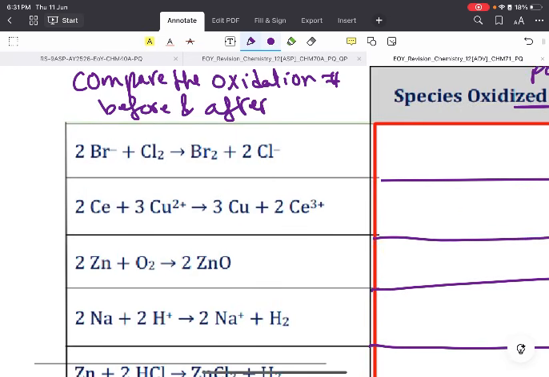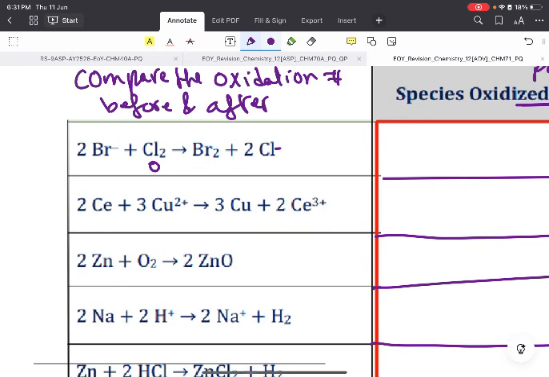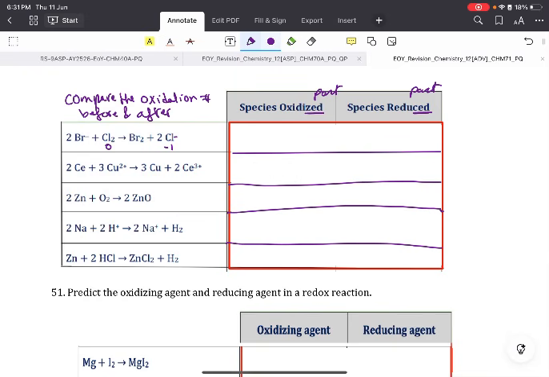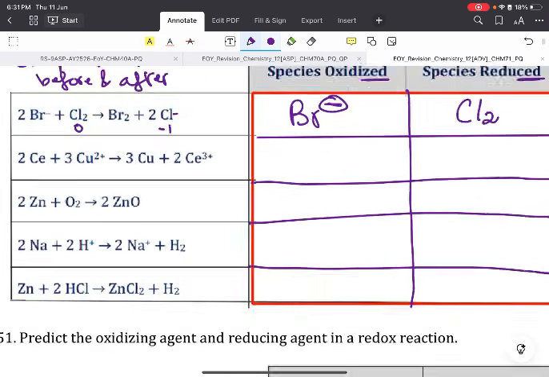Okay, now let's look at this one. Cl2 is 0, and now it's an ion, it's -1. The oxidation number dropped, so Cl2 got reduced, therefore Br minus is oxidized. Don't forget to write the minus, or else we're going to think that it's this one.